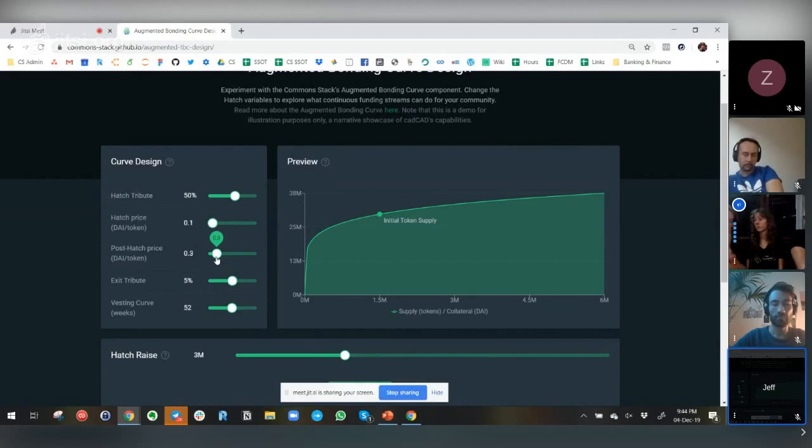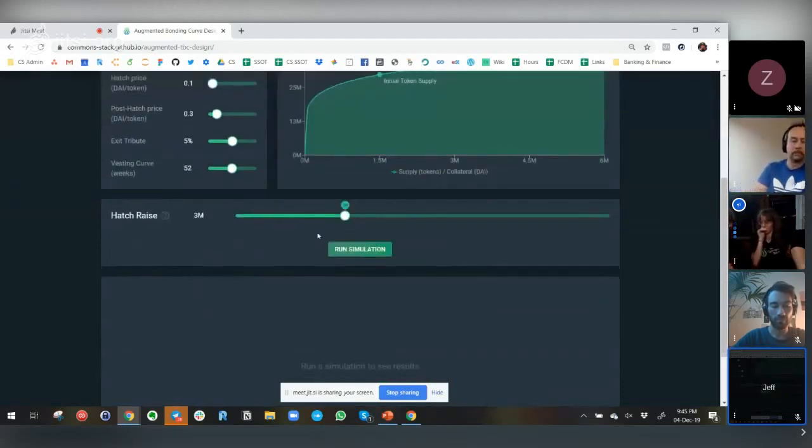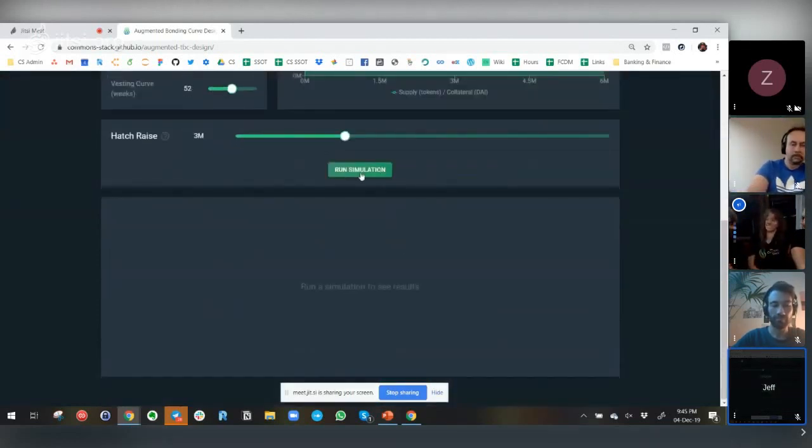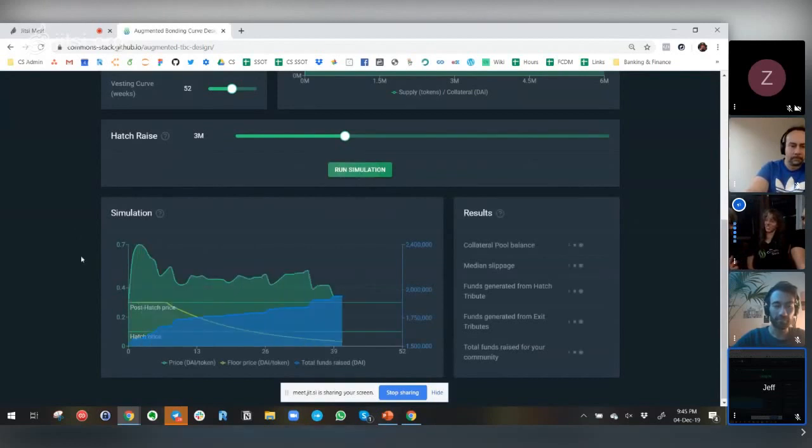This has some quite complex mathematics behind it, which you can check out in our Augmented Bonding Curve deep dive article, if you're so inclined. But the vesting curve is basically protecting that community pool of funds from people who want to just check out and cash in, more or less. Pump and dump. Yeah.